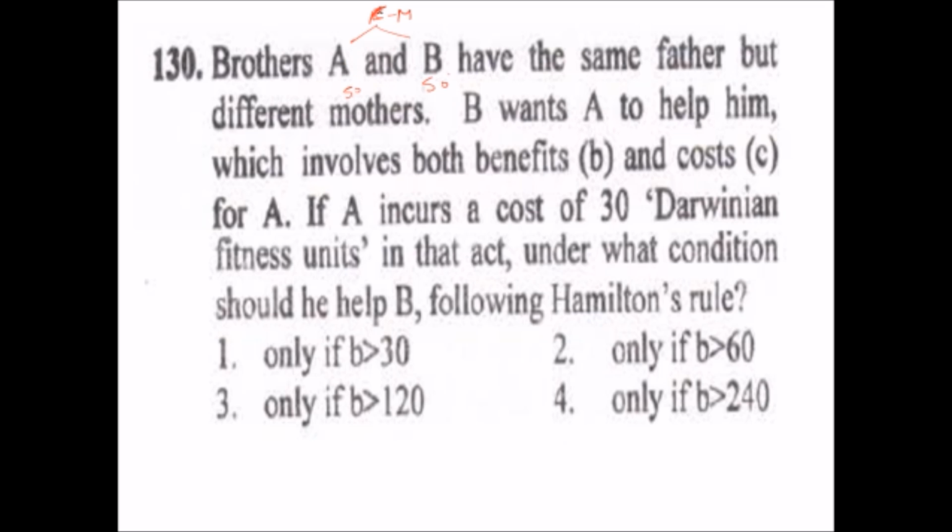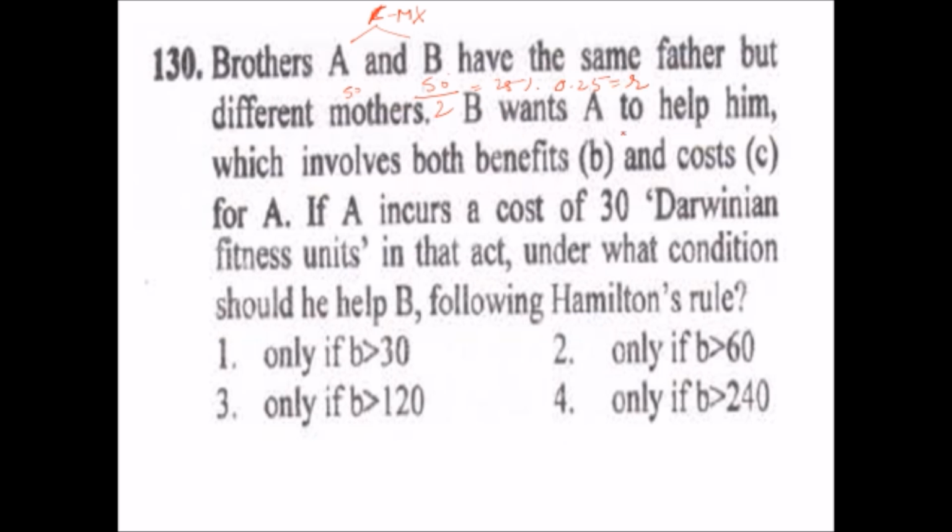But as they have the same father but different mothers, it will again reduce to half. So the relationship between A and B will be 25%, or we can say 0.25. So R, the relationship between A and B, will be 0.25.